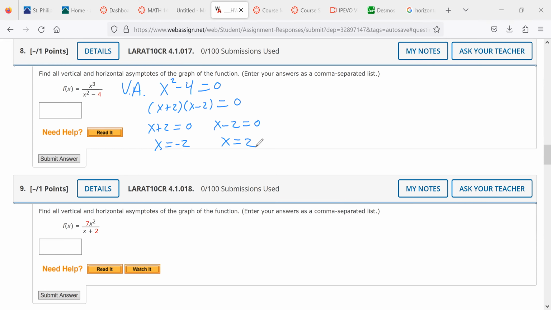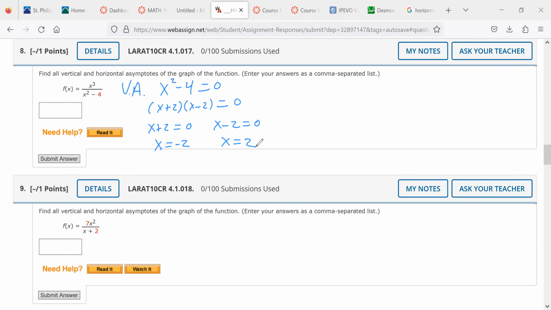What is the degree of the numerator? It's going to be 3. And the bottom? 2.